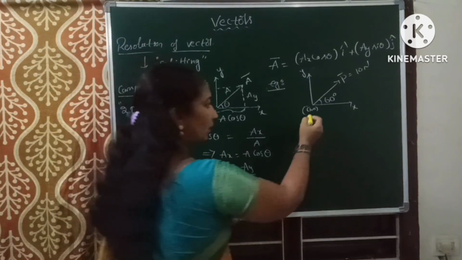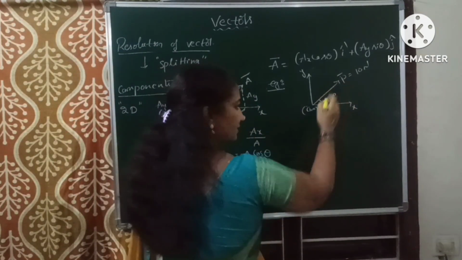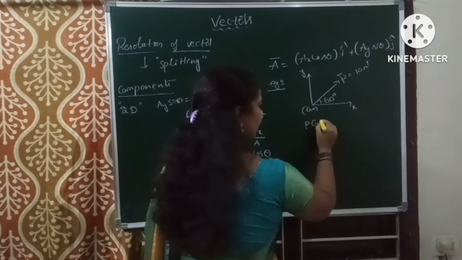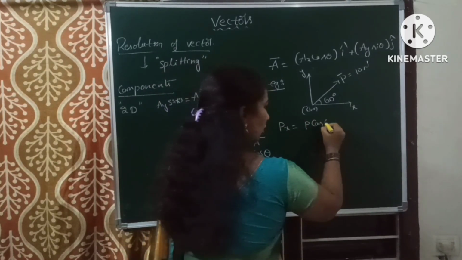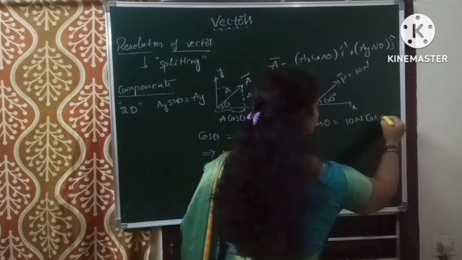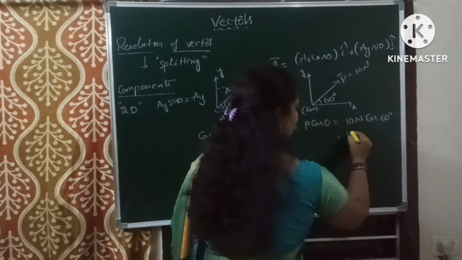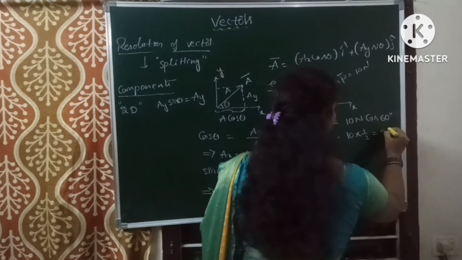So the component along the x-axis is nothing but, as we just proved, P cos theta. That means Px is equal to P cos theta. P I gave as 10 newtons, and the angle as 60 degrees. That is 10 into cos 60, which is 1 by 2, equal to 5 newtons.